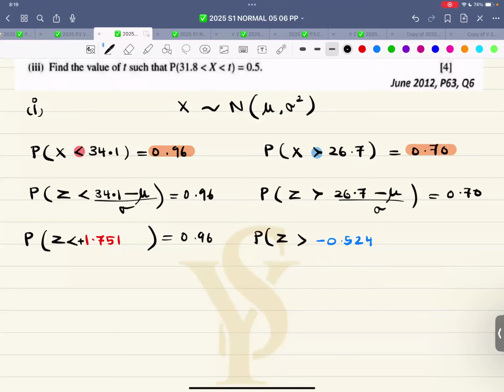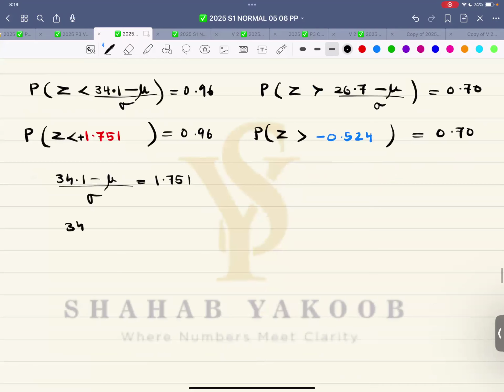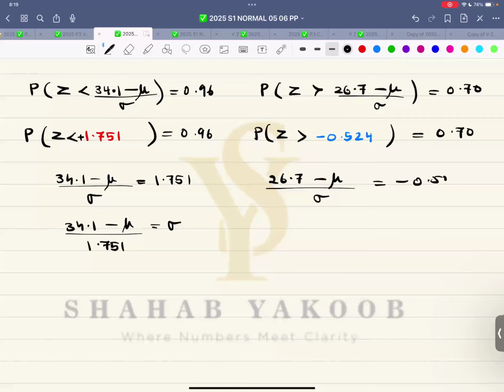Probability Z is greater than a negative value is 0.70. So (34.1 minus mu) over sigma is 1.751. In other words, (34.1 minus mu) over 1.751 is sigma. (26.7 minus mu) divided by sigma is negative 0.524. (26.7 minus mu) over negative 0.524 is sigma.